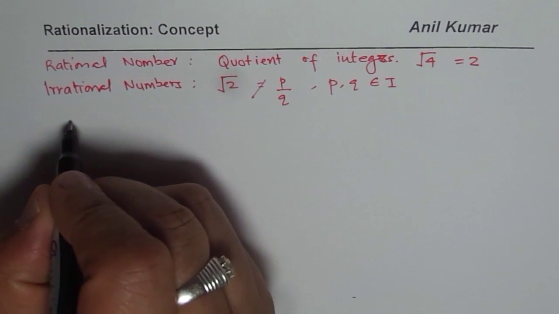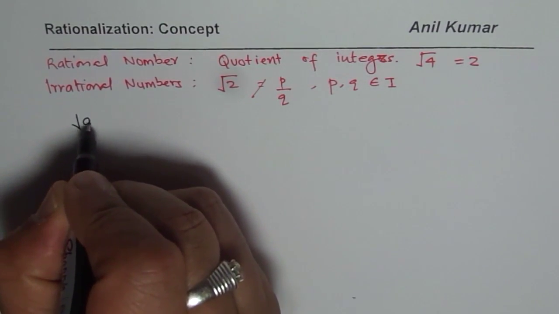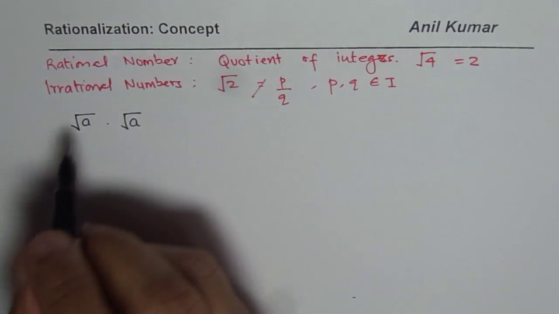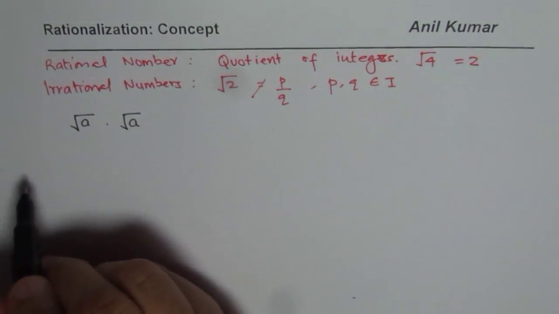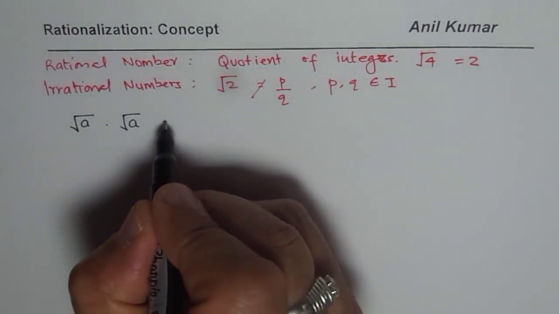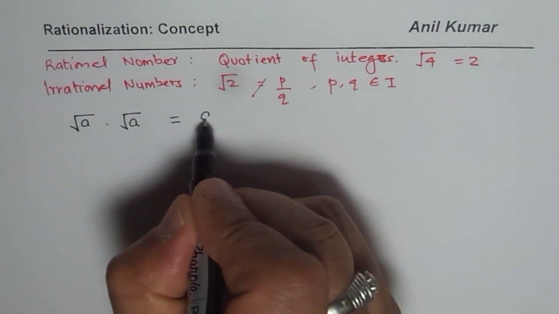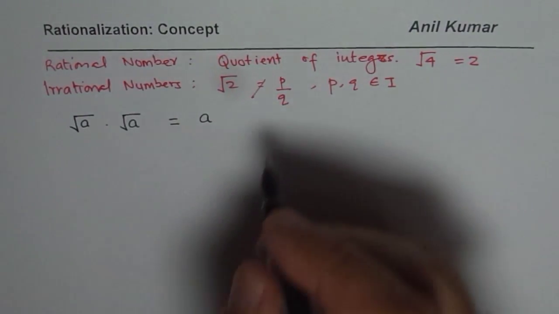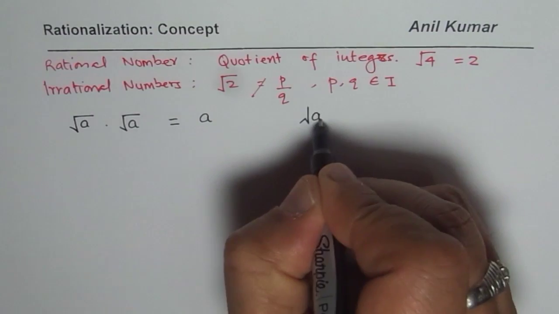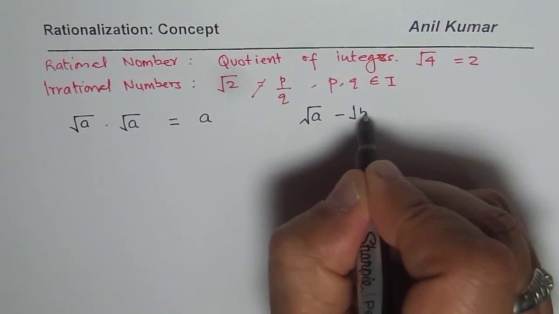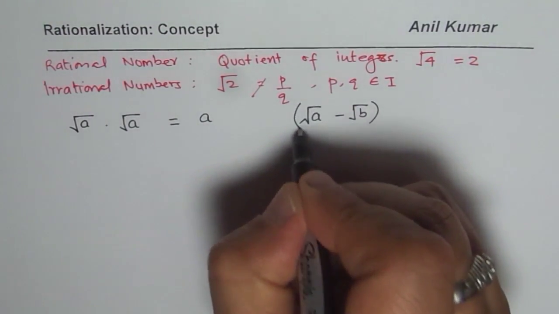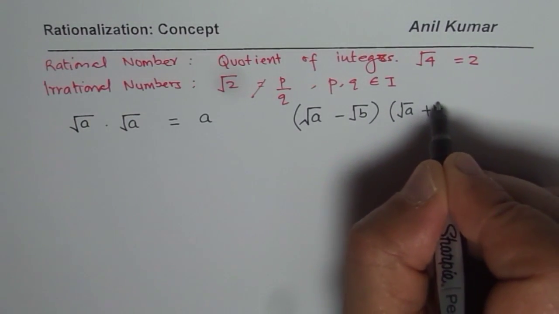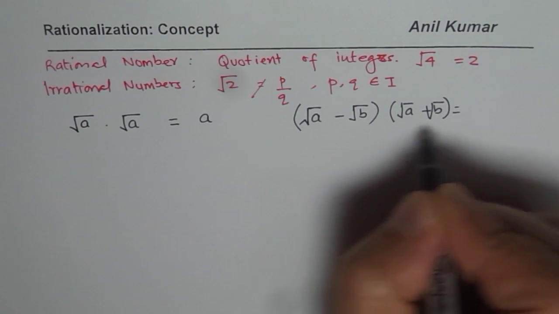And the idea is like this: if I have square root of a, and I multiply square root of a by square root of a, where square root of a is irrational, then by multiplying, what do you get? You get a. Do you get the idea? So it becomes a rational number. Similarly, if I have square root of a minus square root of b, and I multiply it by square root of a plus square root of b, what do I get?